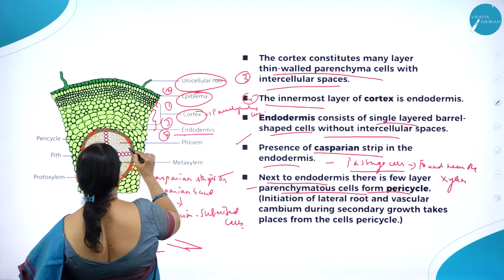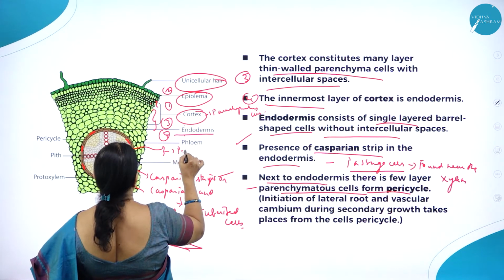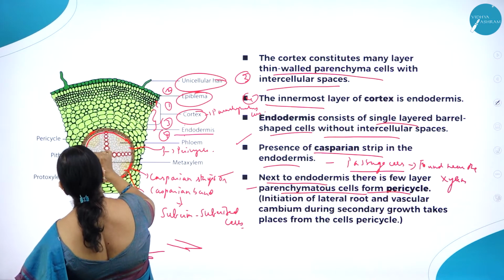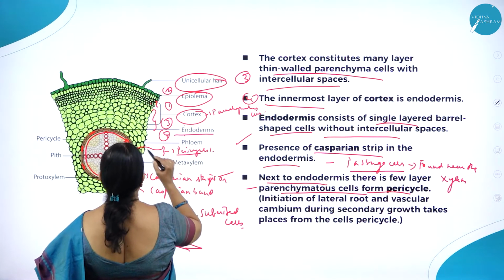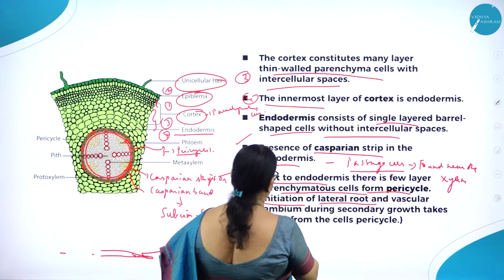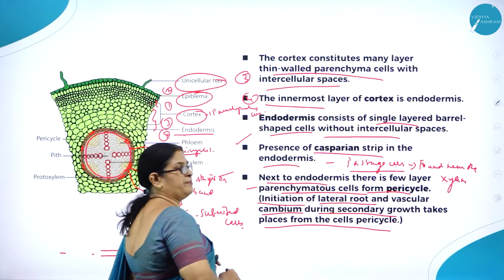So here we come across the pericycle like this. This is one more layer here, and this is called pericycle. Initiation of lateral roots and vascular cambium during secondary growth takes place from the cells of the pericycle.